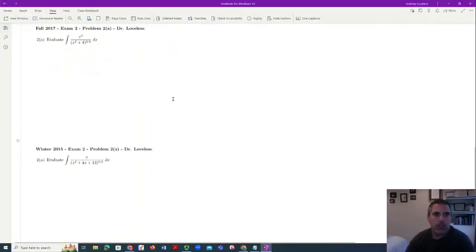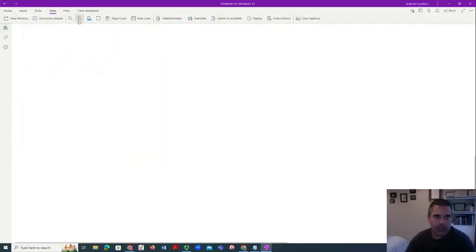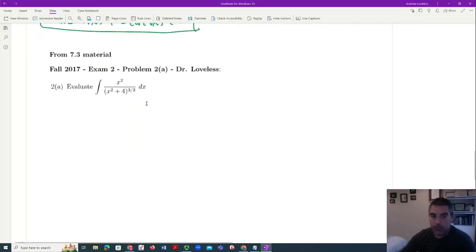Okay, lastly, we get to this topic of trig substitution. Trig substitution is a real clever method for dealing with things that have square roots in a square, and it boils down to one really key observation, which is that this is the same thing as cosine squared.